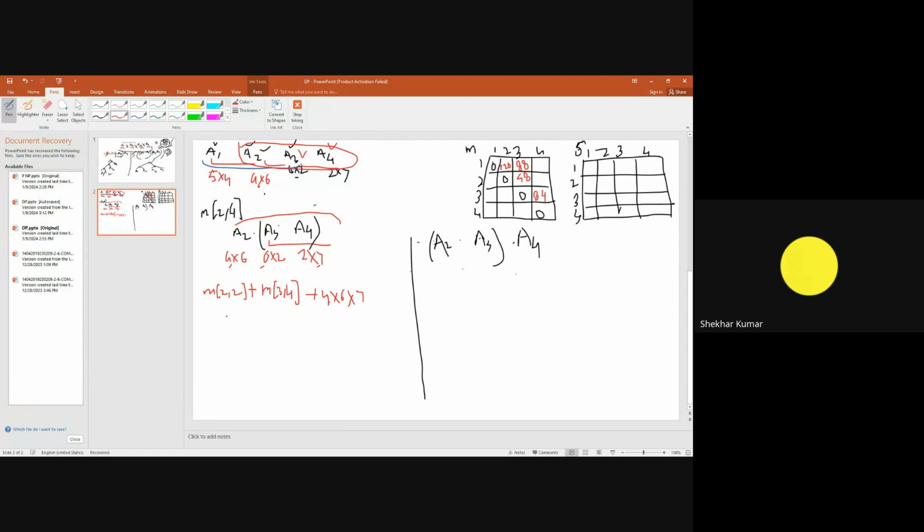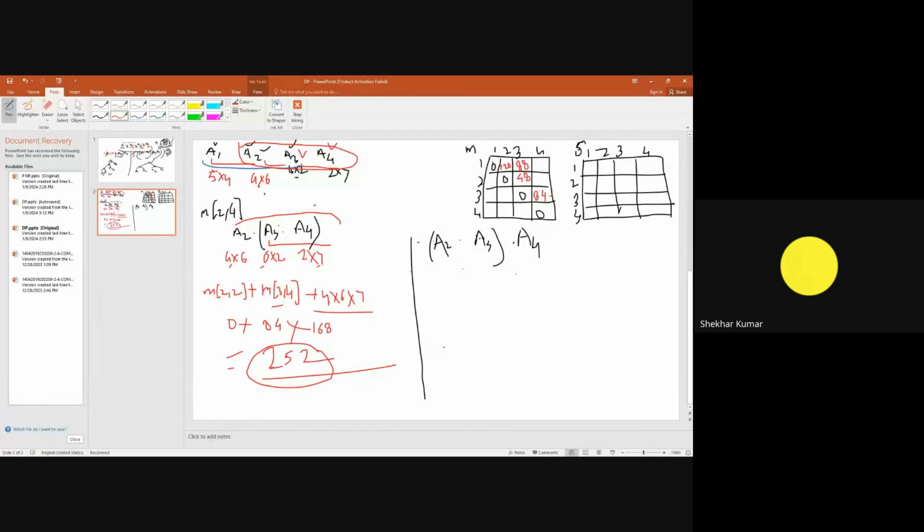So the value is 0 plus M[3,4], which is 84, plus 4 into 6 into 7, which is 168. So the overall cost is 252 in the first approach, when I multiply A3 and A4 first and then the resultant with A2.